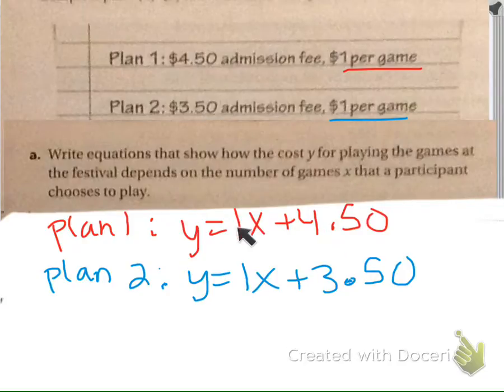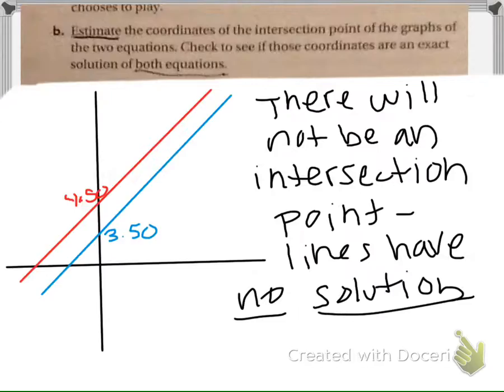If I play 0 games for plan 1, I owe $4.50. If I play 0 games for plan 2, I pay $3.50. So no matter what, plan 2 is better. So playing more than 0 games, plan 1 is not good. Plan 1 is never better.